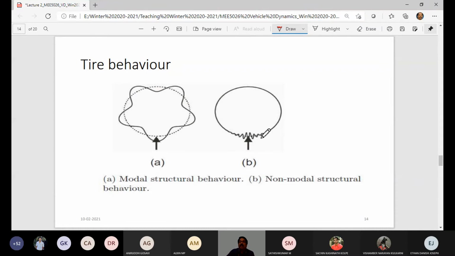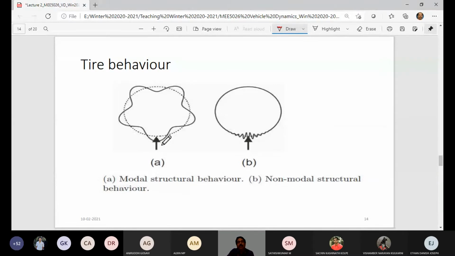Sorry, a high frequency will have a shorter wavelength. The shorter wavelength propagation would die out quickly, whereas at lower frequencies you'll have a long wavelength. That wavelength will be reflected as this kind of mode shape.